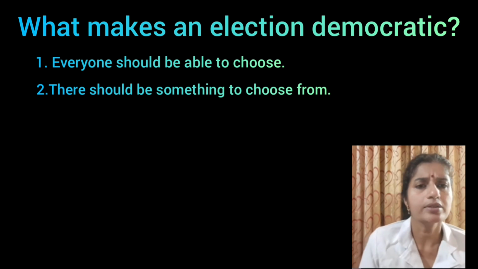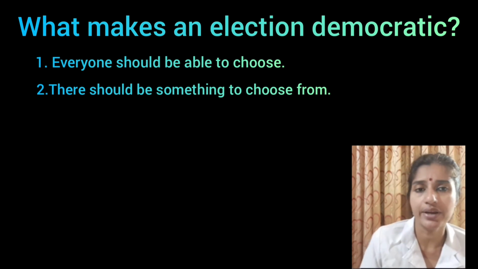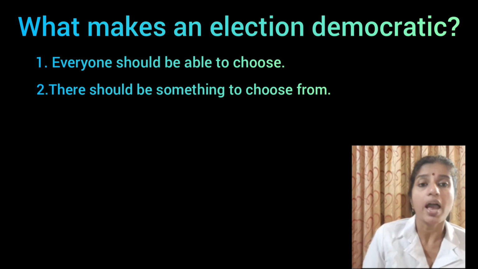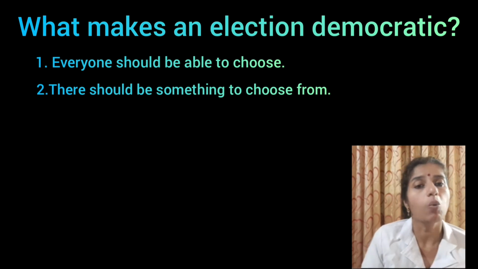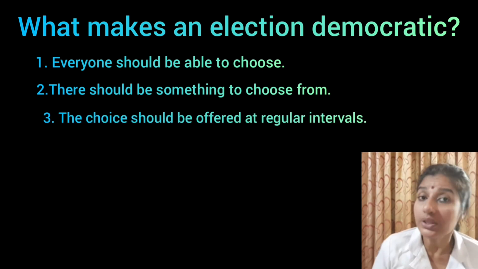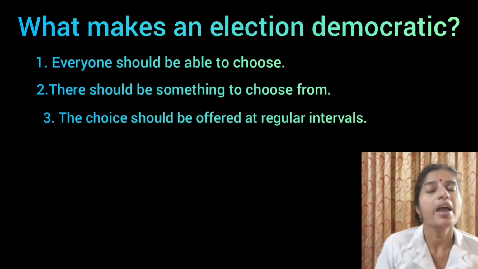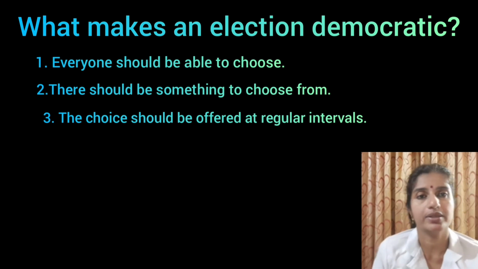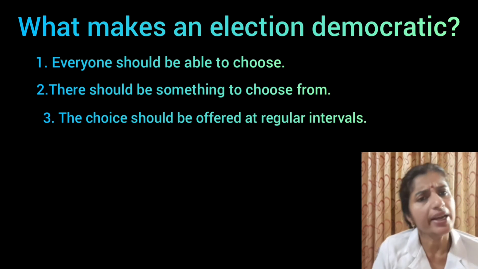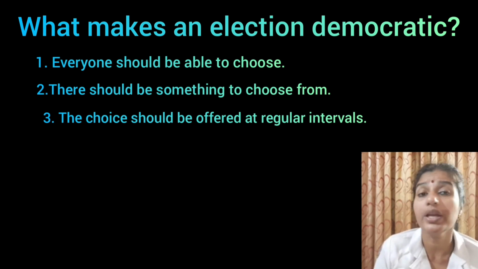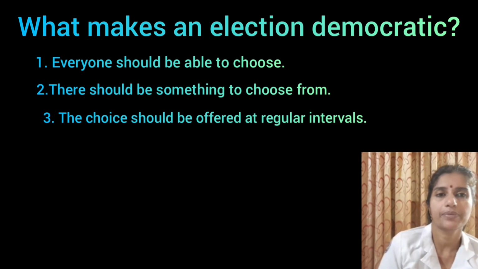It means that parties and candidates should be free to contest elections and should offer some real choice to the voters. Third condition. The choice should be offered at regular intervals. It means that elections must be held regularly after every few years.